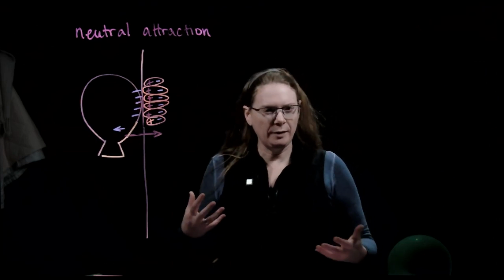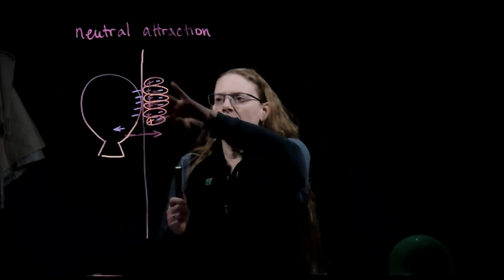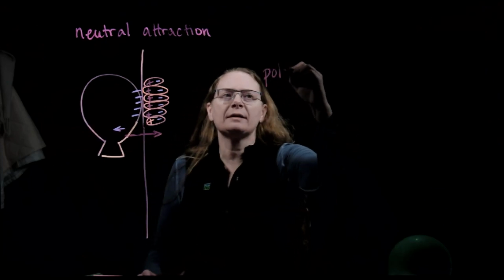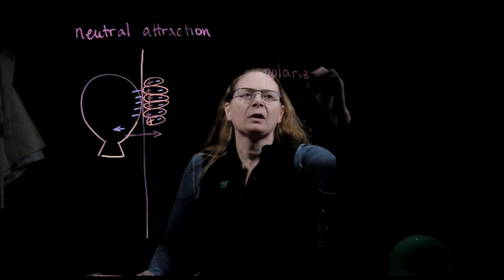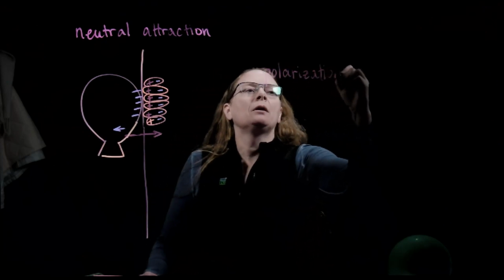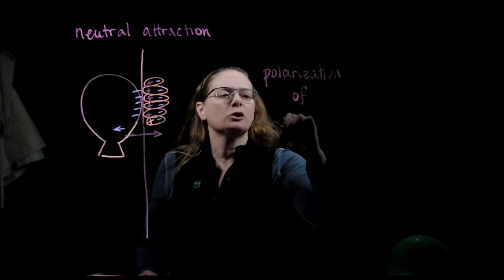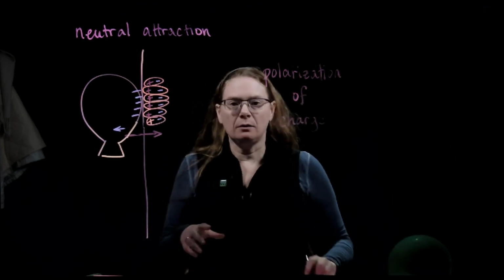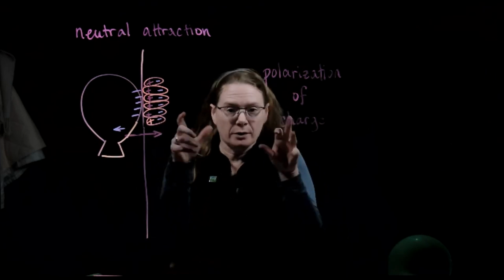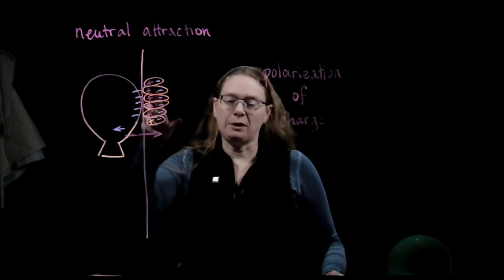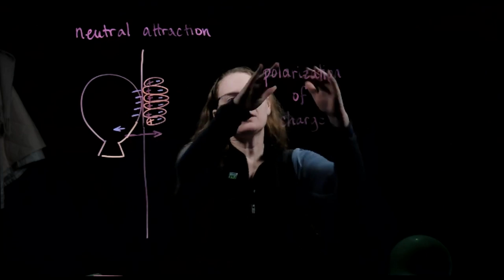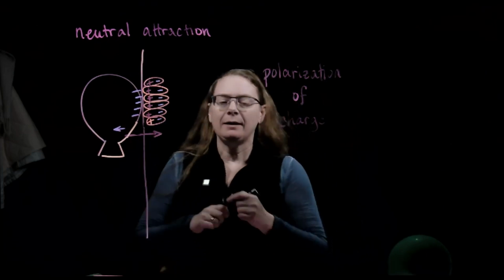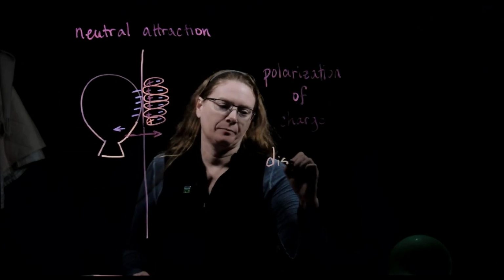So neutral attraction has two pieces. There's this moving around of the charge, which we call polarization of charge. In our model, the atoms are reorienting themselves to be plus-minus, like this. That's the first part of neutral attraction. The second part is the distance.